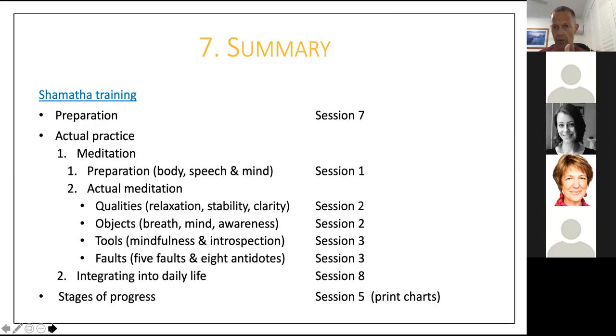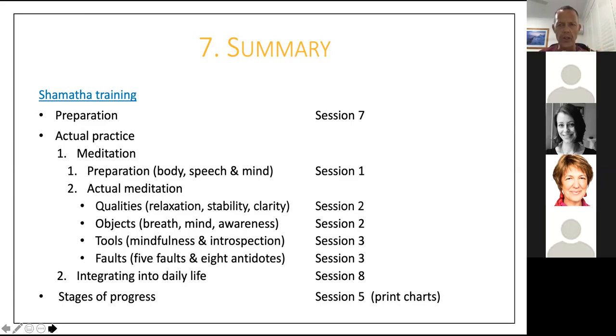And tomorrow we're going to look at something similar to the full body, focusing on the rhythm of the breath, and also using the nostrils, focusing at the entrance of the nostrils. Tools, of course, 2 tools: mindfulness and introspection. Mindfulness to hold the object, introspection is the quality control. We looked at the 5 faults and 8 antidotes.